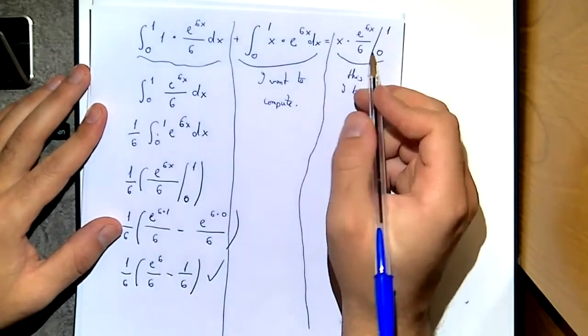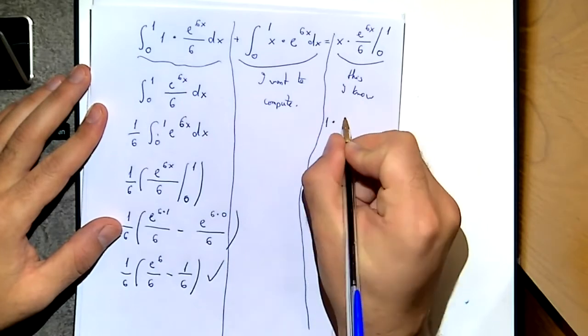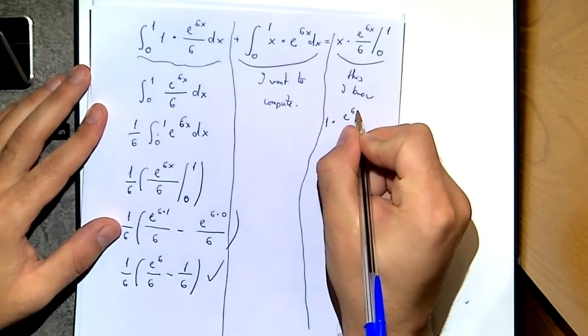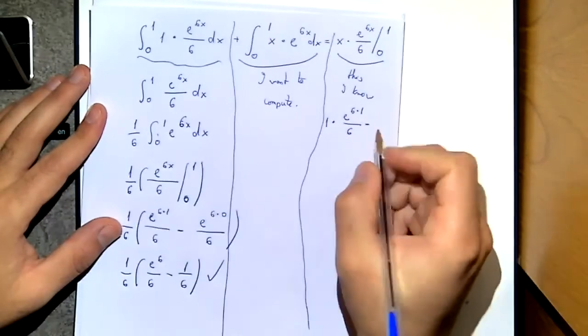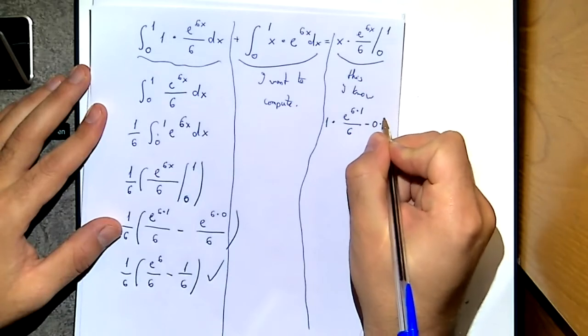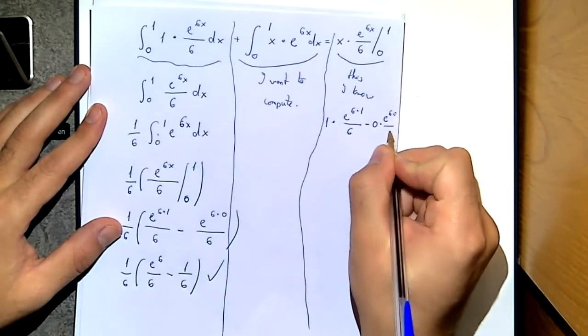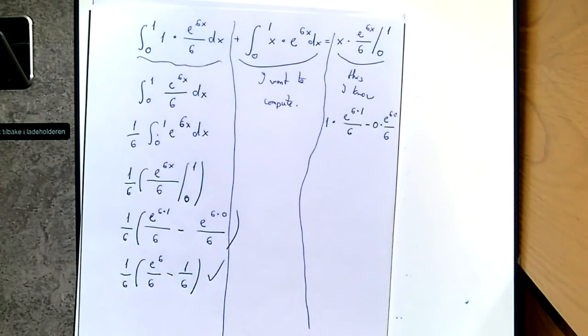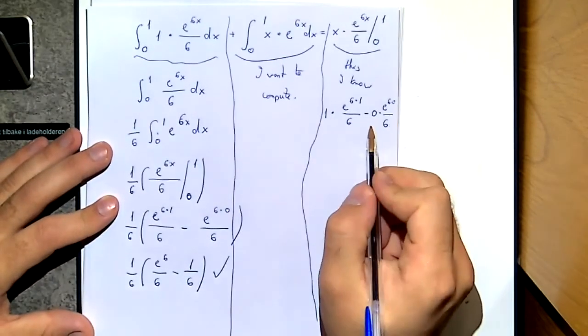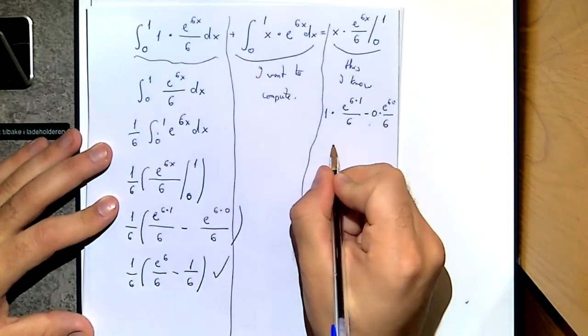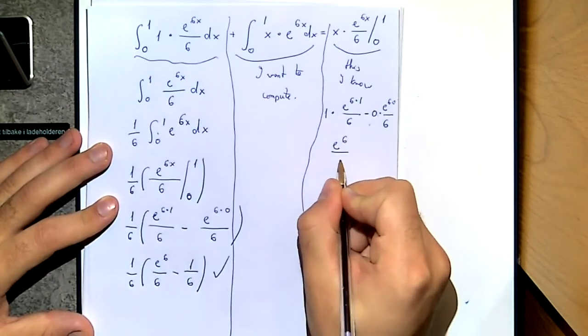So I plug in 1, which is 1 multiplied by e to the power of 6 times 1 over 6, minus, and plug in the 0. 0 multiplied by e^(6·0)/6. Okay, that notation, that line between a and b, fancy notation, plug in b and a and subtract them. So what do I get? This becomes 0 because it's multiplied by 0, so I just get e^6/6.